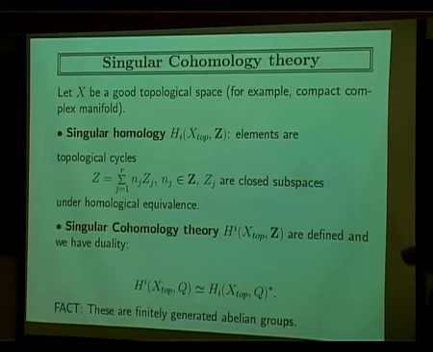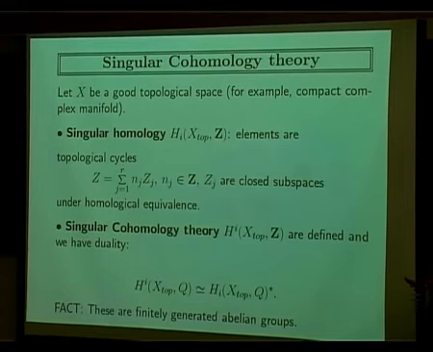So I put a homological equivalence: if one collection of subspaces can be deformed to another collection, where the deformation is within the topological space and you don't come out of it, then you say they are homologically equivalent.